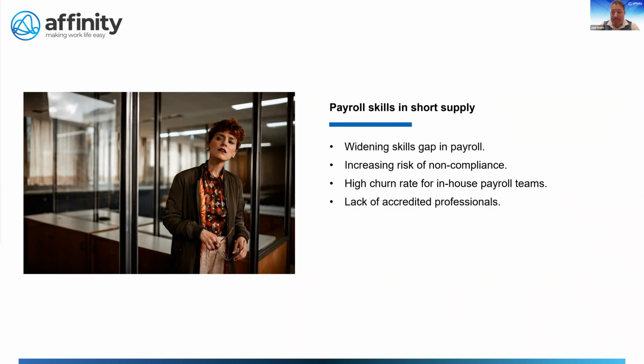And while government websites and industry publications do provide great insights, translating that information into real-world changes to your systems, your policies, and your processes requires a great deal more discernment and effort, and then high-quality experienced people to own that. At Affinity, we live and breathe this stuff.